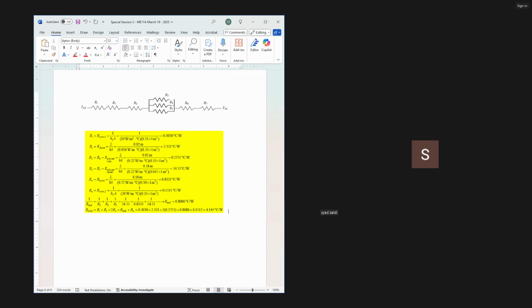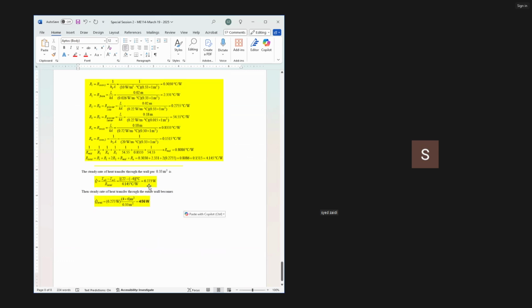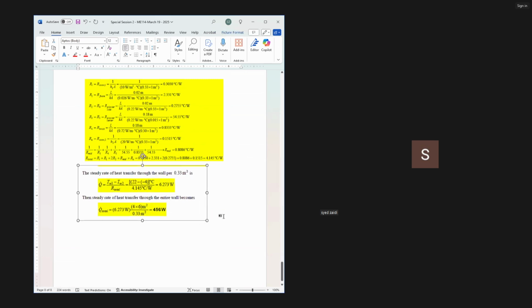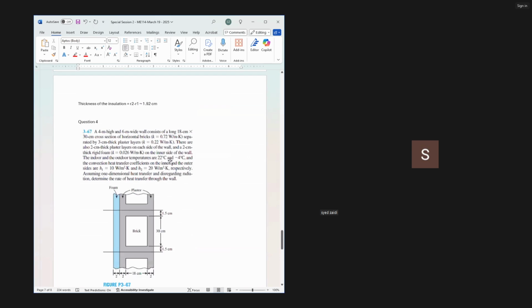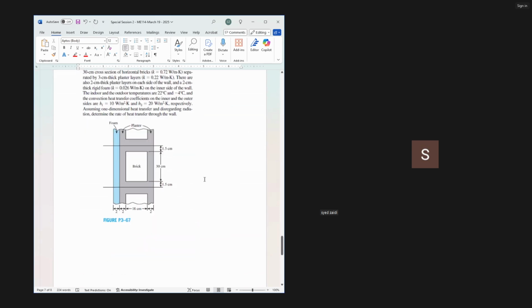Once you have the total resistance, then it is very easy because of the steady state rate. Then you have Q dot is T infinity 1 minus T infinity 2. Now remember, people make a mistake here: the outer temperature is minus 4 degrees centigrade.